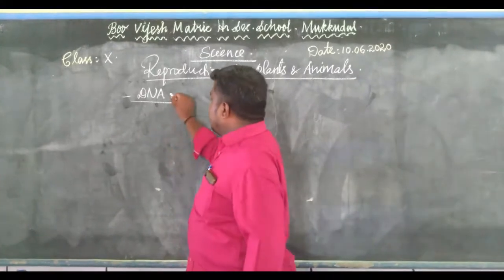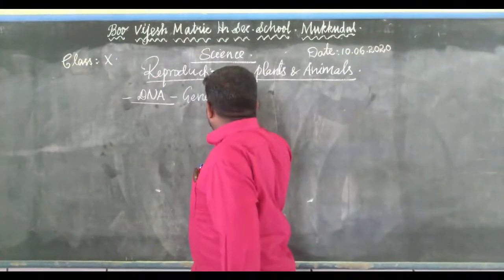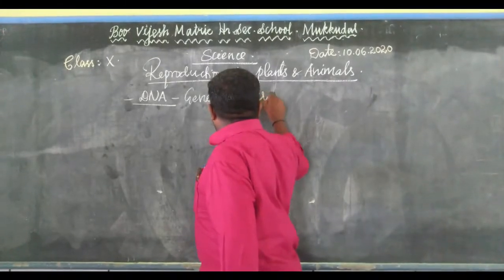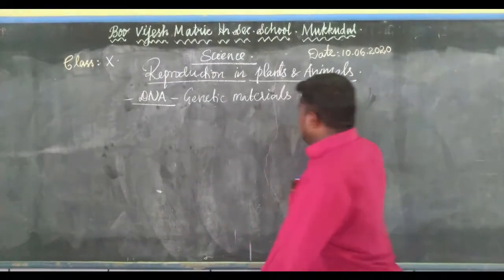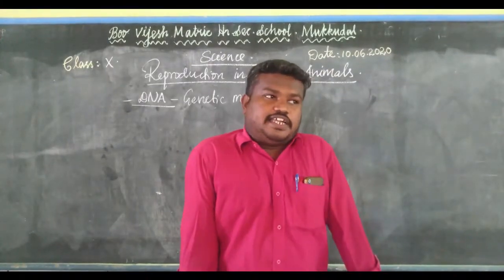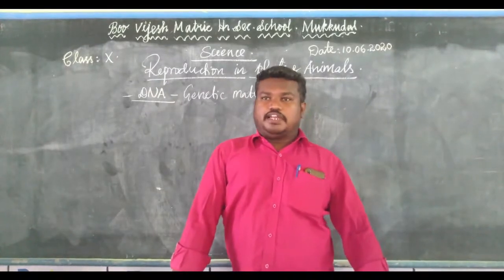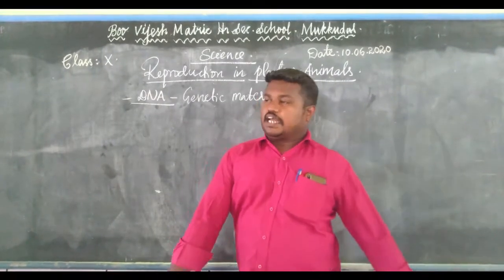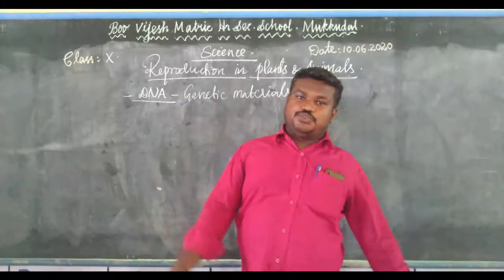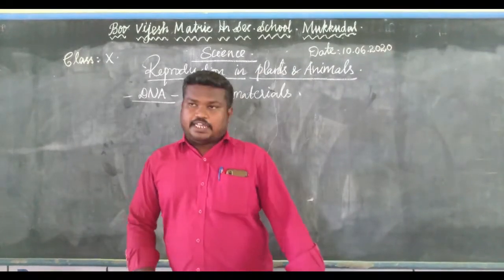So this DNA is known as genetic material. Why is the DNA called genetic material? Because it carries the genes from one generation to another generation. So it is known as genetic material.